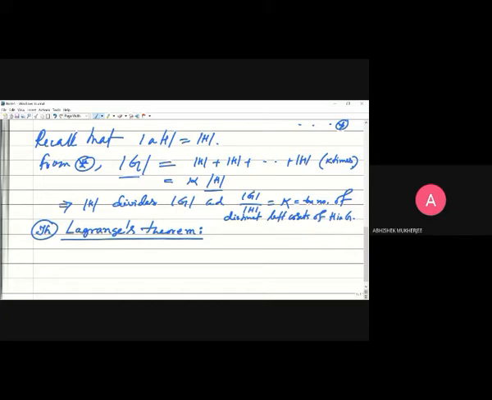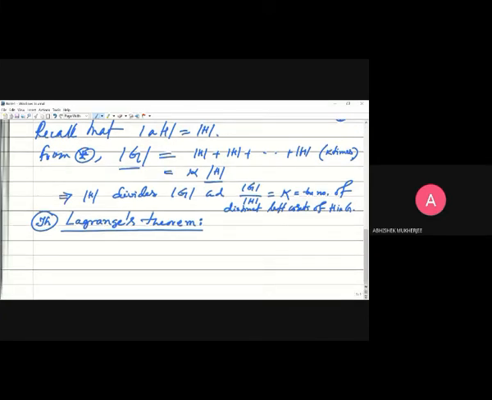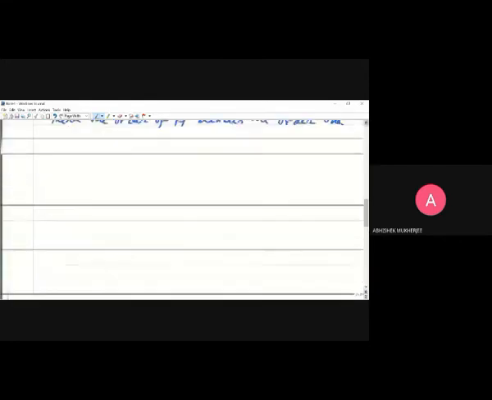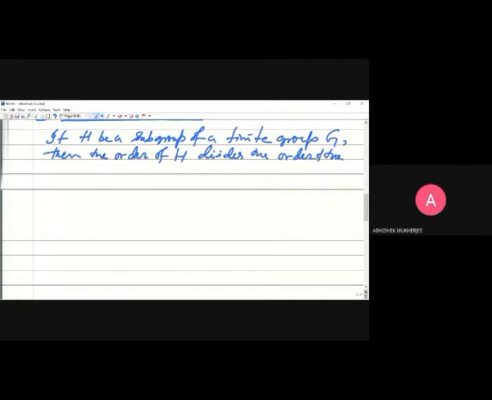So the theorem is that if H be a subgroup of a finite group G, then what we have seen is that the order of H divides the order of the group G, that is, order of H divides order of G, right?